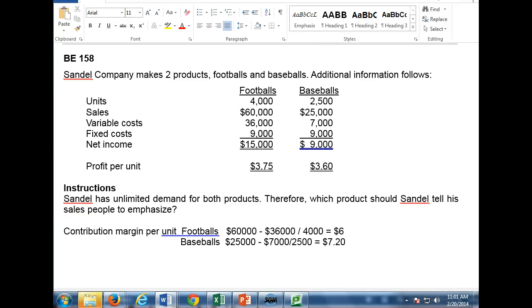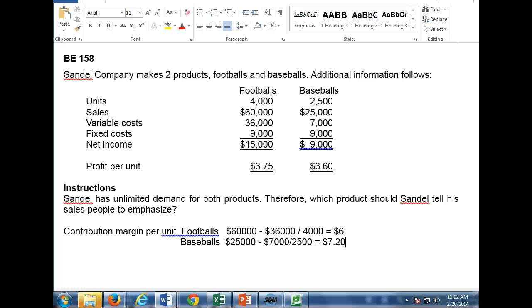Our variable cost per unit is lower on baseballs than on footballs. Therefore, we're going to have a lot more money applied towards our fixed cost. Since there's unlimited demand, we can sell all we want of baseballs, right? And we'll have that much more going against our fixed costs. Won't we make more money because our variable costs are lower?